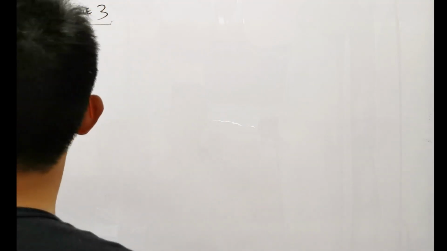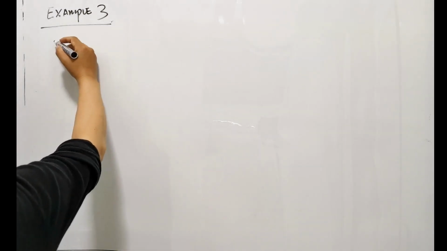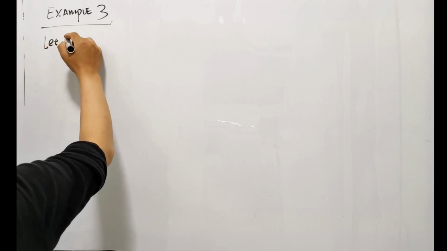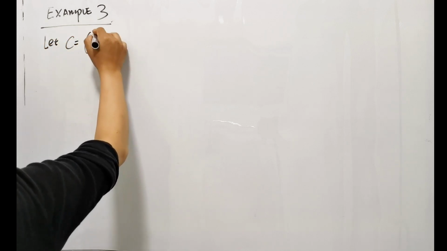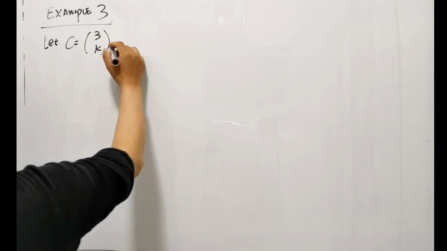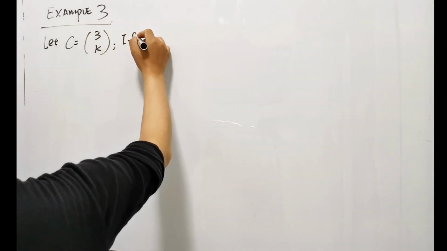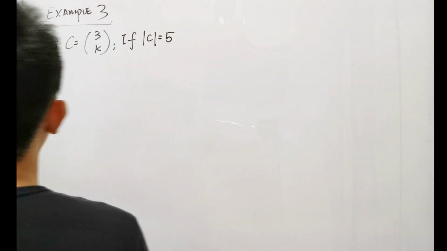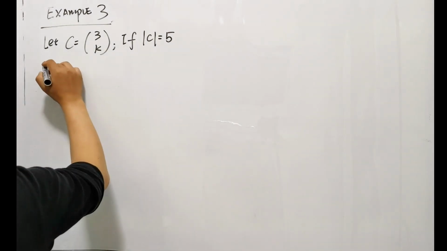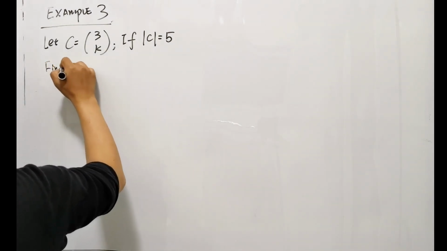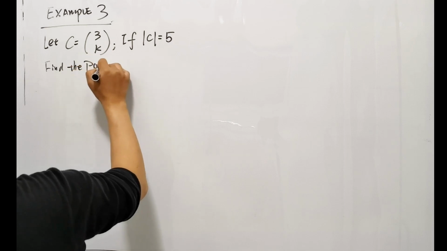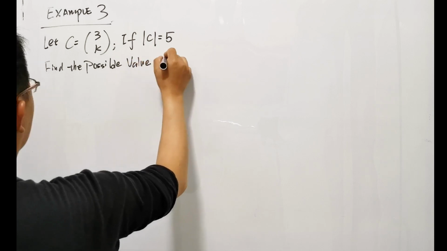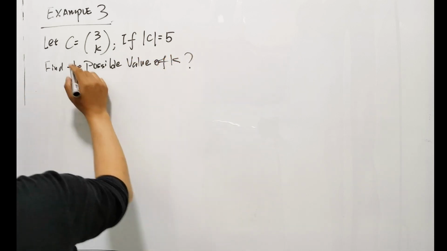They have given: let c equal (3, k). If the magnitude is equal to 5, let's find the possible values of k. So we're going to find k.